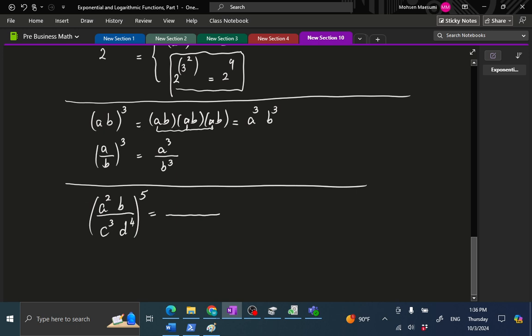They are going to multiply. 2 times 5 is 10. A number without an exponent means the exponent is 1. Multiply all the new ones: b to the power of 5. The denominator, c to the power of 15, d to the power of 20, and that takes care of that.